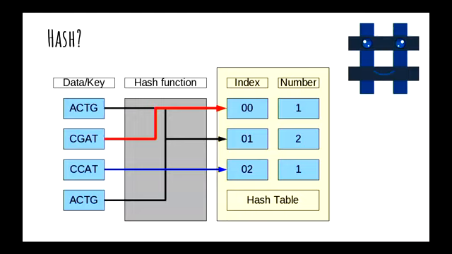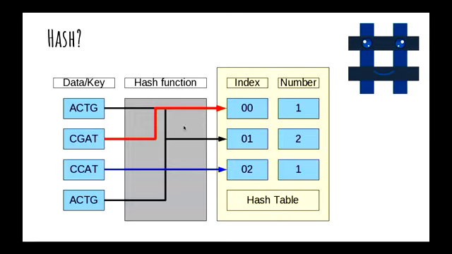So basically what I mean by hash is that it's just a mathematical function that takes in the data as a binary string or whatever, runs it through a mathematical function, and then assigns it a memory address based upon the output of that function. So in this case, the first one runs through the hash function, it gets the memory address of 1, and so it adds 1 to that position.